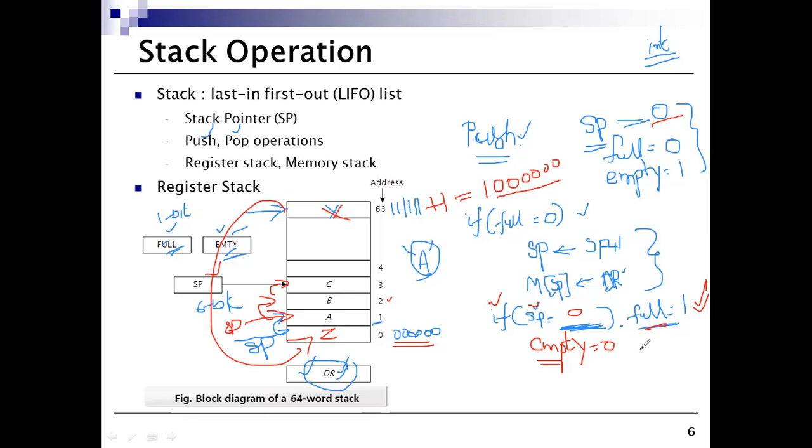Now, if you come to pop operations, see what is happening here: the stack is growing towards incremental addresses. For every push micro operation, the stack pointer is incrementing.